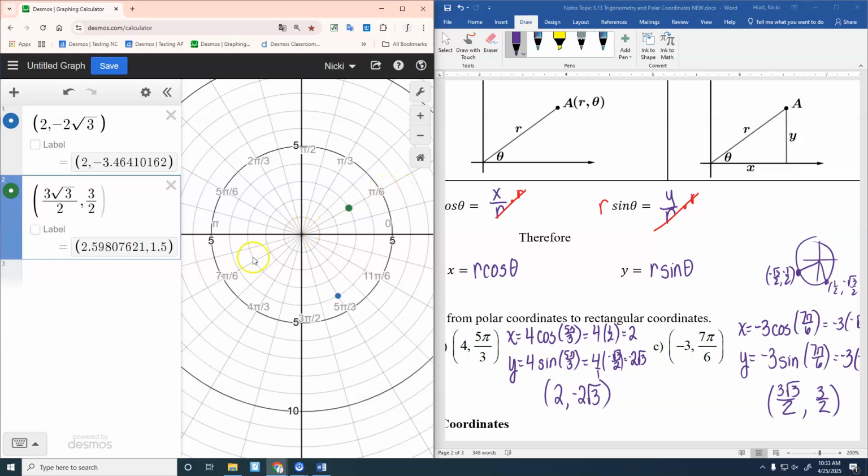But it was 7 pi over 6, which is over here, right? Because you have a negative radius, instead of going towards 7 pi over 6, you go away from 7 pi over 6, which would be 1, 2, 3, right there at that green dot. So these are correct.